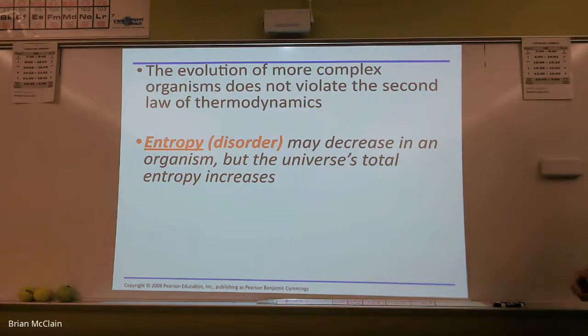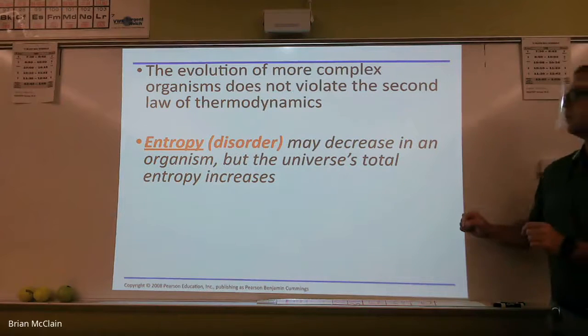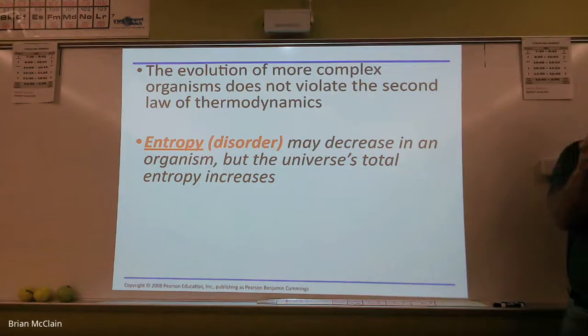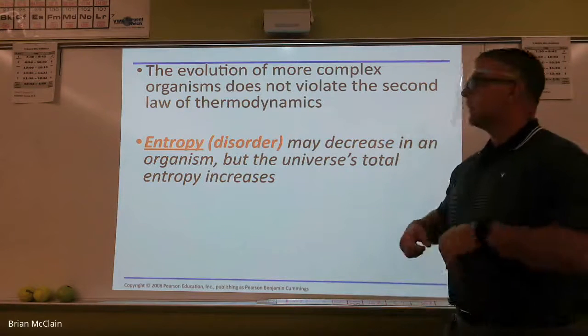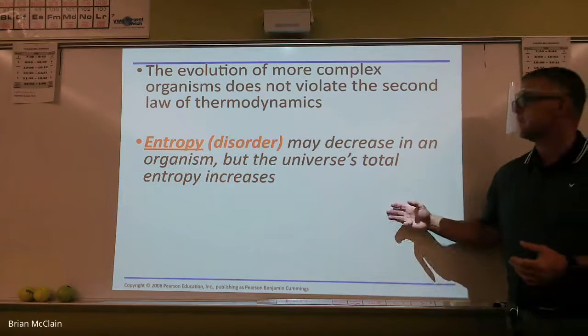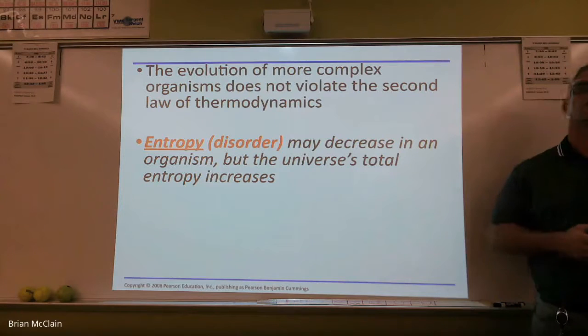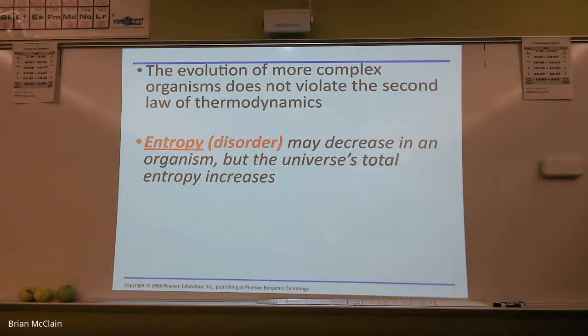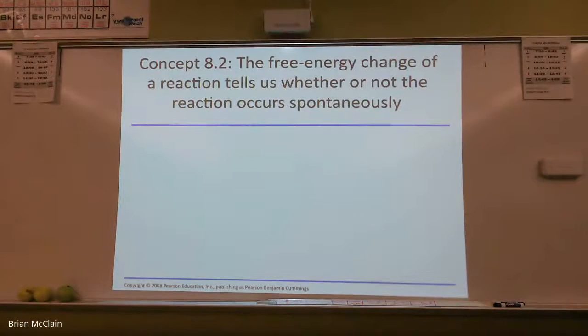The idea is that disorder may decrease in small areas, like in a living thing or in a cell, but at the expense of the overall increase in disorder of the universe. So as we consume calories, food, resources, and other things, we build more order, but the byproducts, the respiration byproducts and everything else, contribute to that disorder.